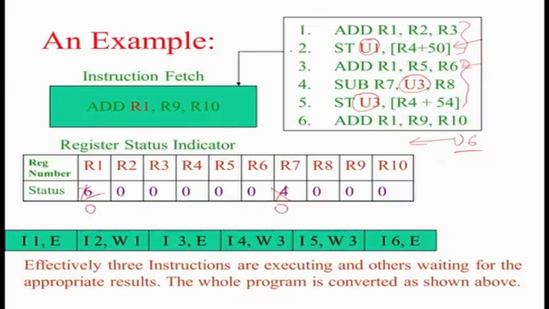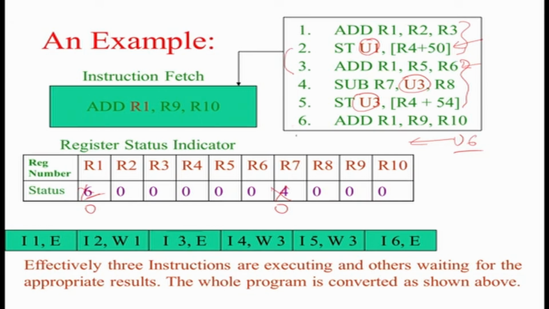And wherever there was a named dependency like WAR, for example, there is a WAR between 2 and 3, 2 is reading while 3 is writing. The WAR hazard between 2 and 3 has been resolved by renaming 2, right.